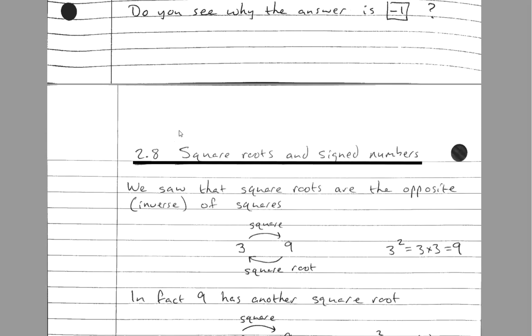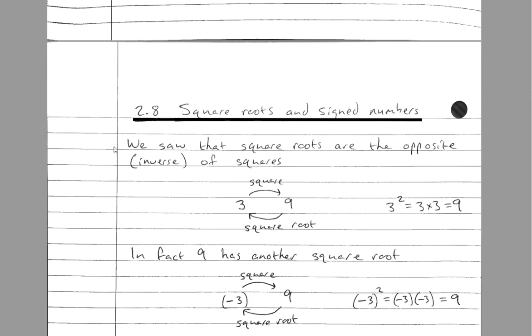And the last section in chapter 2, looking at square roots now and signed numbers. So we've looked at all the operations, powers, so the last thing is these square roots. All right, we've already looked at square roots just for positive numbers.